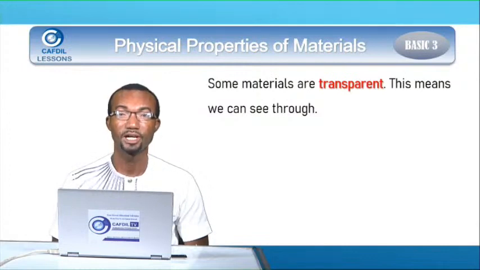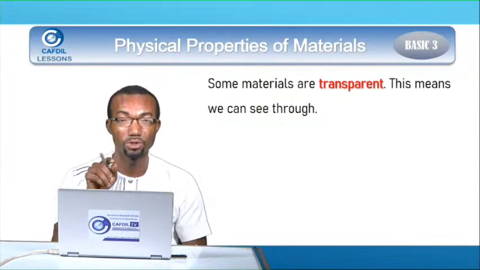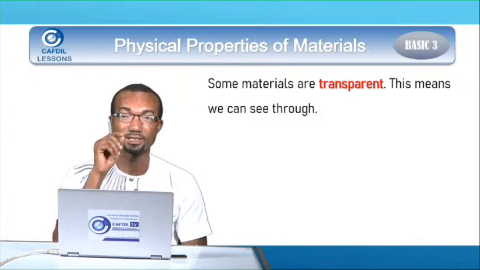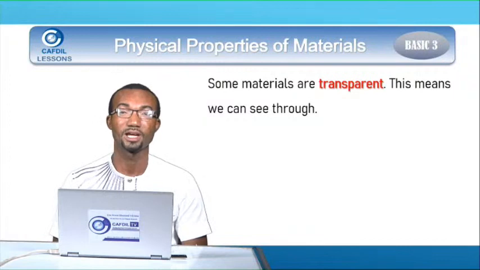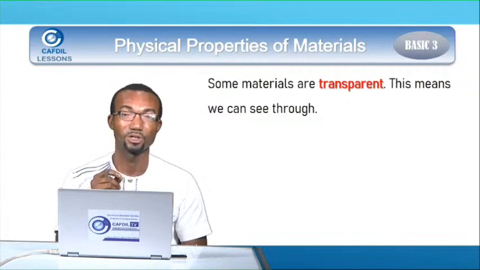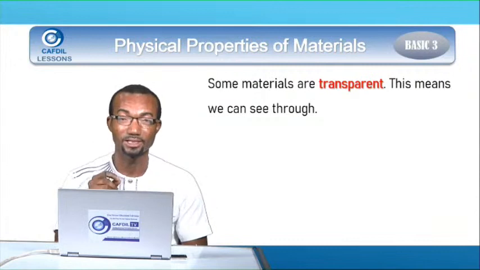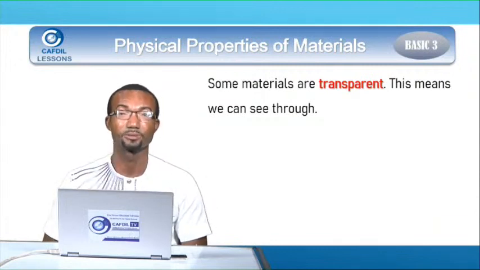So, Kate, if you hear the word transparent, that means that we can see through that material. And any material that we can see through, we call it transparent. Kate, that material is called what? Transparent. So if you can see through any material, then it means that material is transparent.